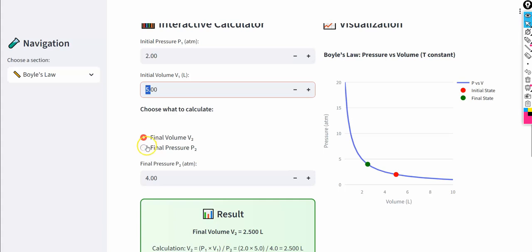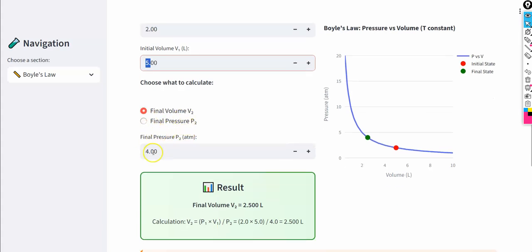Now you have to choose one. If you want to calculate the volume V2, you have to supply the final pressure. Here you can see that it automatically calculates V2 as P1 V1 by P2, so that is 2 into 5 by 4, which is 2.5 liter.